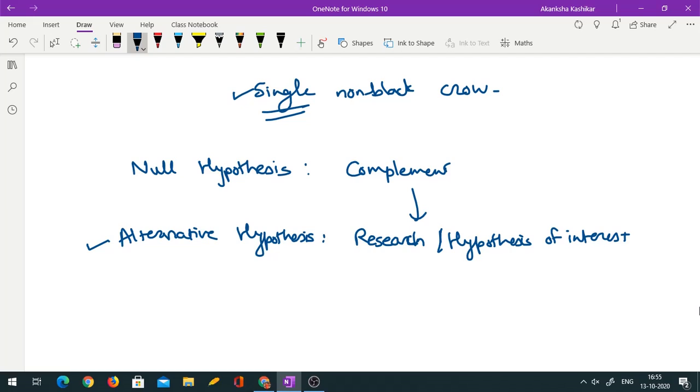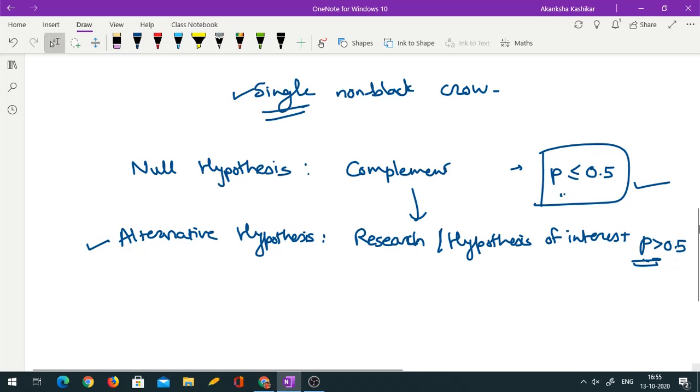So for example, here my null hypothesis would be P less than or equal to 0.5 and the alternative is P greater than 0.5. If this can be disproved, then we would say that there is enough evidence against this, so I would support the alternative.